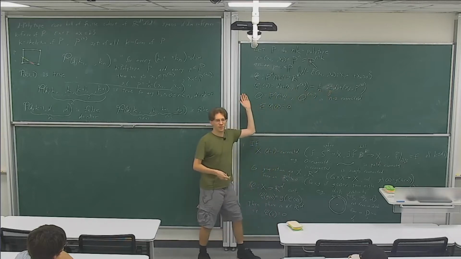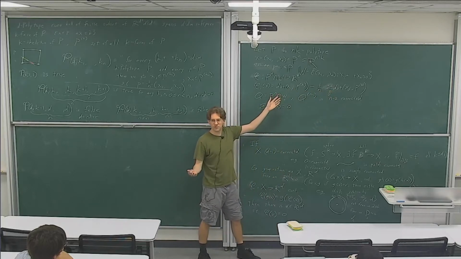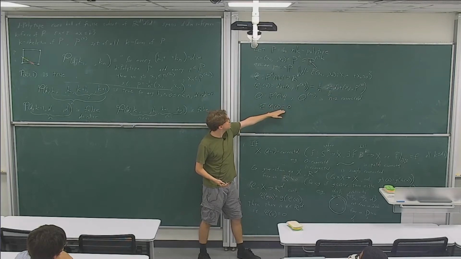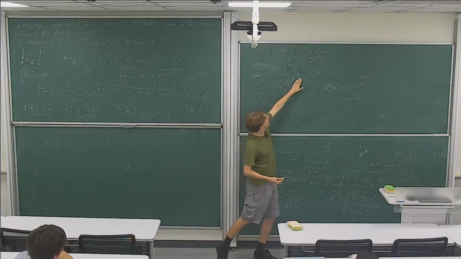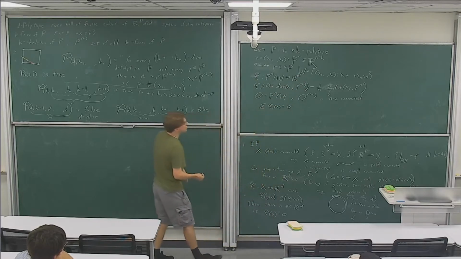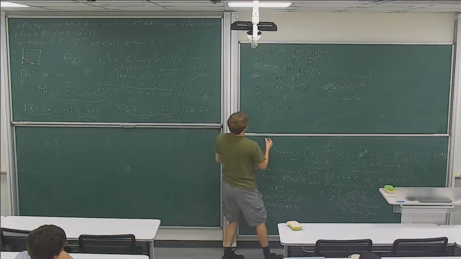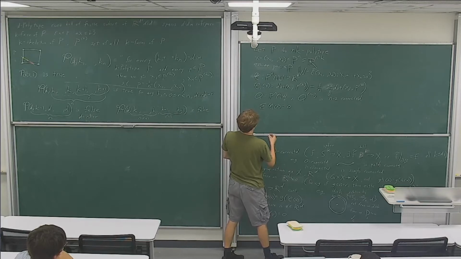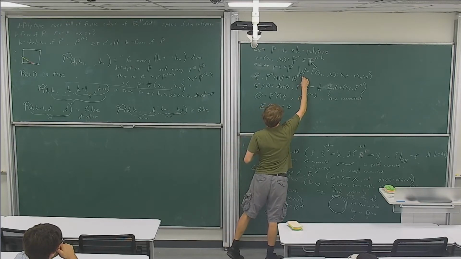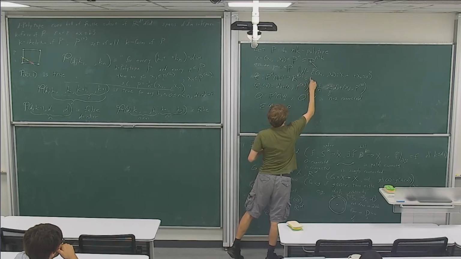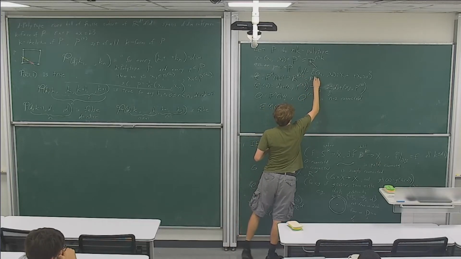So these sum to 0, which means that actually this is a map to R^(n minus 1), the diagonal in R^n.